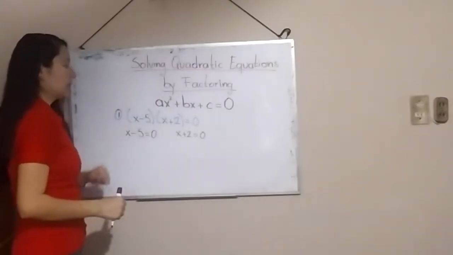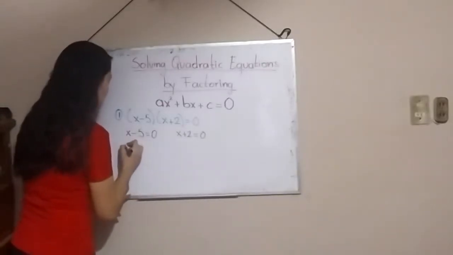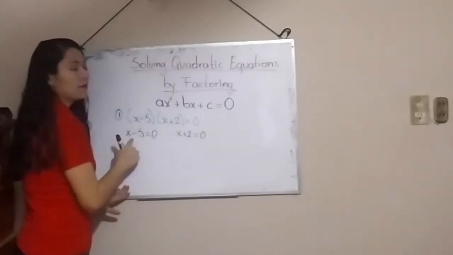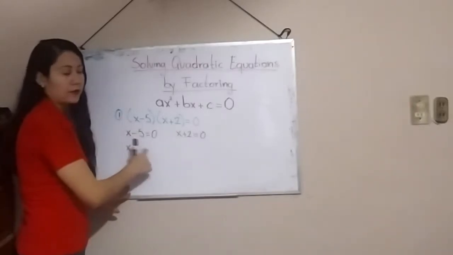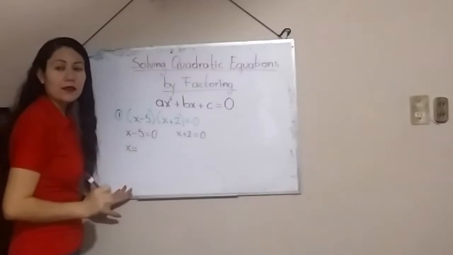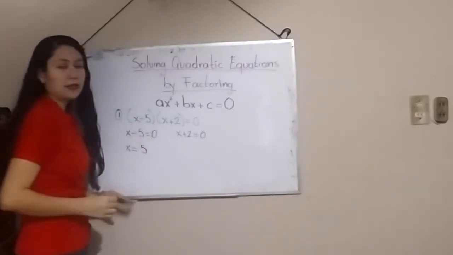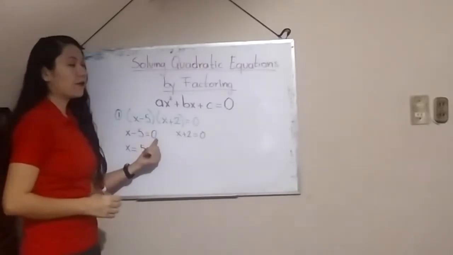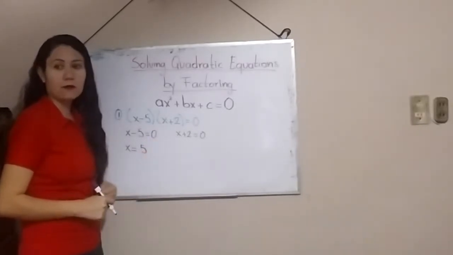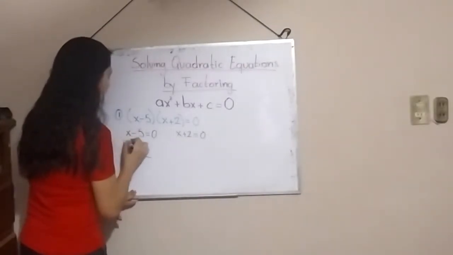We have x minus 5 equals 0. We isolate the x by removing the negative 5 and passing it to the other side of the equal sign with the opposite operation, which is an addition. 5 plus 0 is 5. And this is our first result.